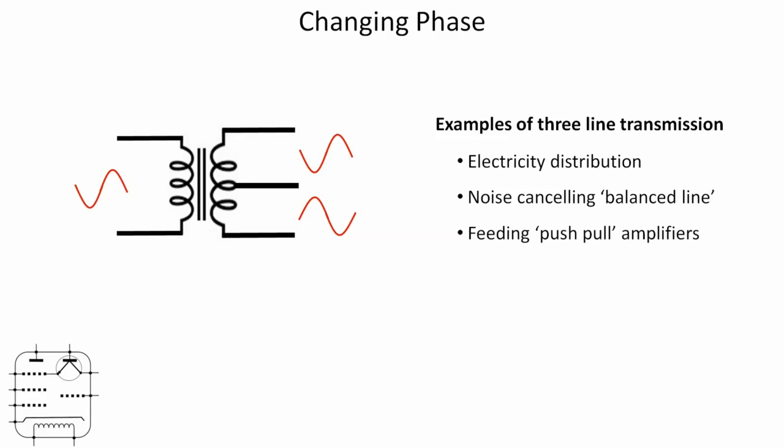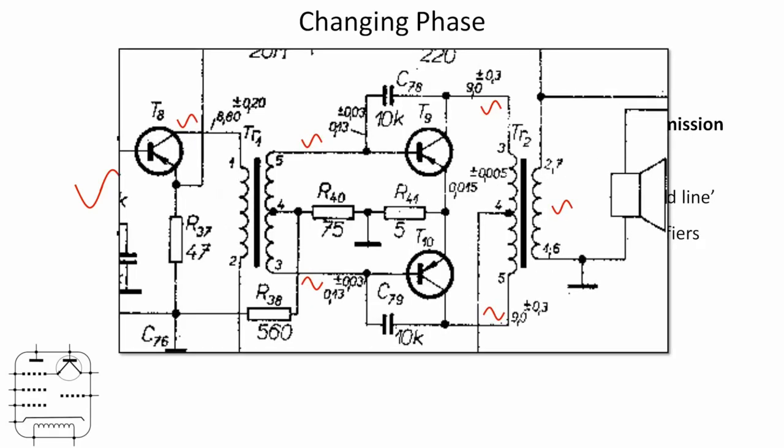And it's quite common to want to change the phase of part of your signal to feed what's quite often called a push-pull amplifier stage. And again, if I go to my Russian VEF204, there's a nice example from the circuit here. I've tried to put the phase relationship on for you. So transistor 8 on the left, its output is in phase. It's fed into transformer 1, and the output of transformer 1, which is centre tapped, should give us an in-phase signal at the top and an out-of-phase signal at the bottom.